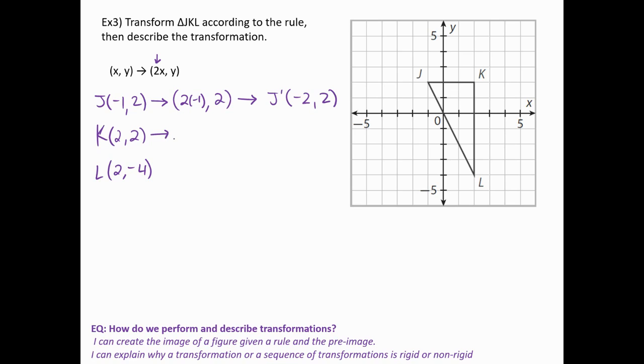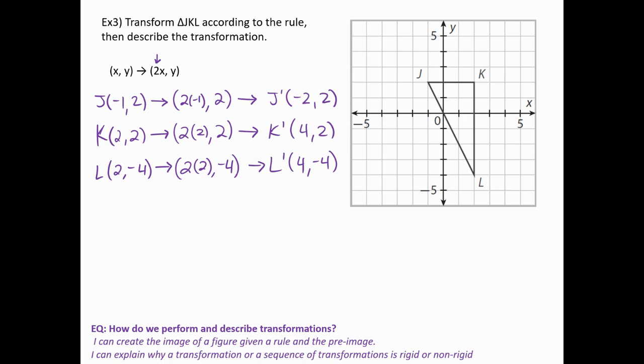Then for K, again, 2 times the x value, y value stays the same. K prime is at 4, 2. And finally, L, 2 times the x value, y value stays the same. L prime is at 4, -4.